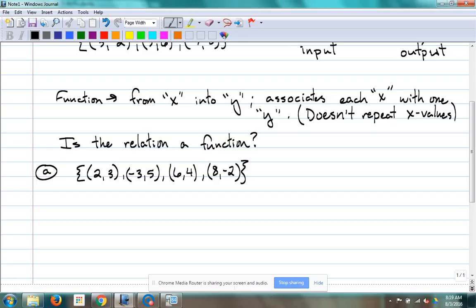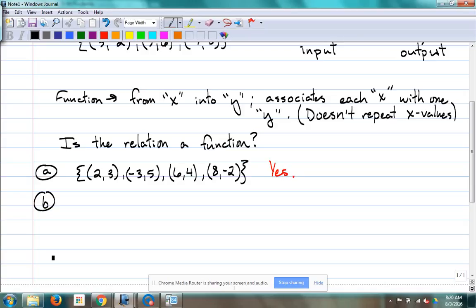These are the only parts that are in this relation. It's the only ordered pairs that are there. So when we look at that, we want to say, okay, well, is that a function or not? So we look to see if any of the x's repeat. So I got a 2, a -3, a 6, and an 8. No repeats. So is this a function? Yes. Yes or no is fine with me.